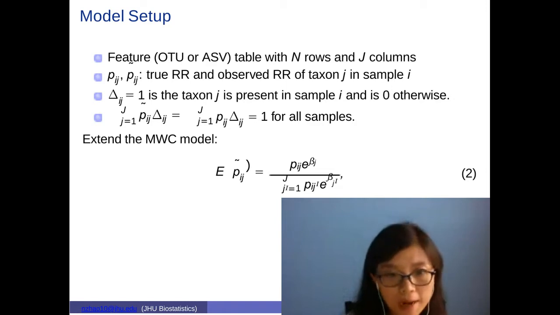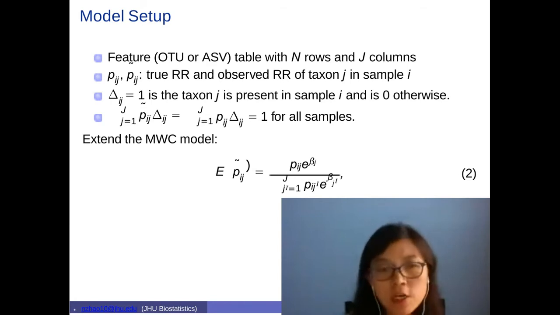So the model setup is generally like this. We have an OTU table or an ASV table. Essentially, this is a species table where each row is a sample and each column is a species. There are N rows and J columns, where P and P tilde are the true and the observed relative abundances of taxon J in sample I. And we have an indicator delta Ij to indicate whether taxon J is present in sample I. It is 1 if it is present and 0 otherwise.